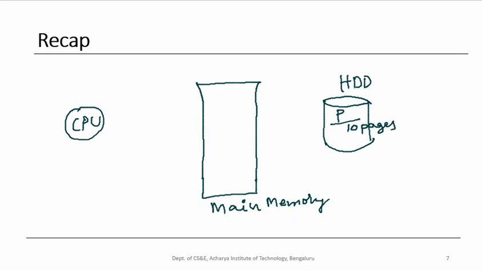Similarly, there could be multiple processes residing in the hard disk, and all of them are divided into several pages. The main memory is divided into fixed size segments called frames, and you know that the frame size is exactly equal to the page size, so that a page can fit into a frame.